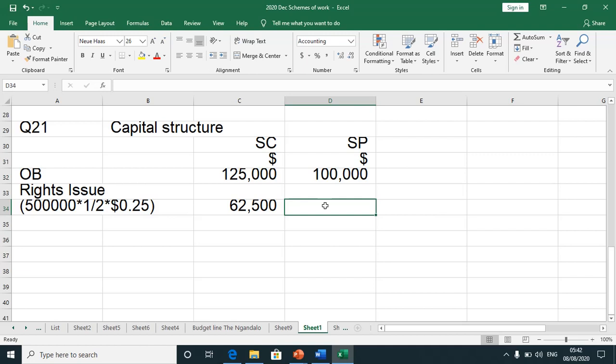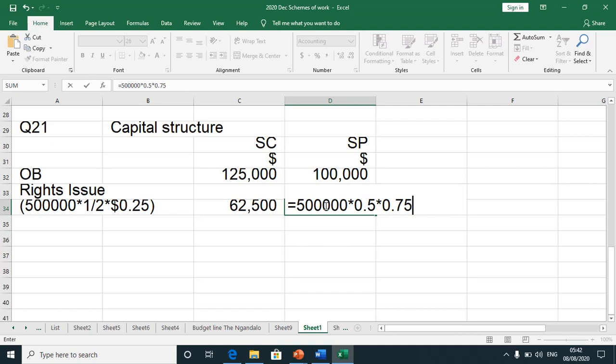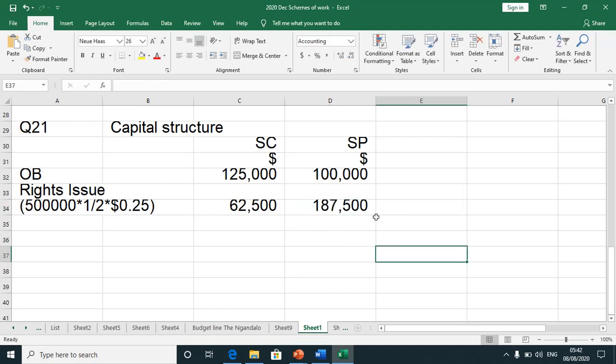You say 500 shares multiplied by 1 divided by 2, or 0.5. But this time around, you say, what is $1 minus 0.25, or minus 25 cents? That gives us 75 cents. So we can say multiplied by 0.75. We are getting that figure.